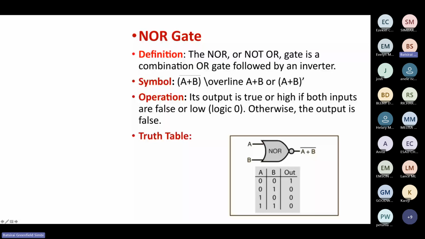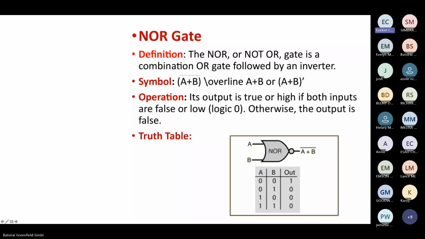The same applies as with the AND gate: the output is the opposite of the OR gate. If we have a 0 and a 0 on the input for the NOR gate, now we have a 1. If we've got a 0 and a 1, we have a 0. So it's the opposite of the result we get from an OR gate.